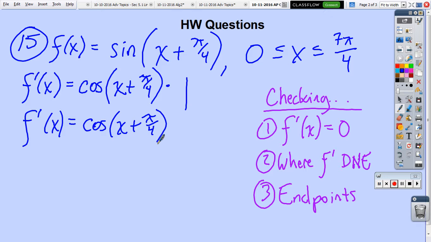Okay. So without letting this get confusing and thinking about the shifting, the horizontal translation and all that, let's think about what you know about the basic cosine function.